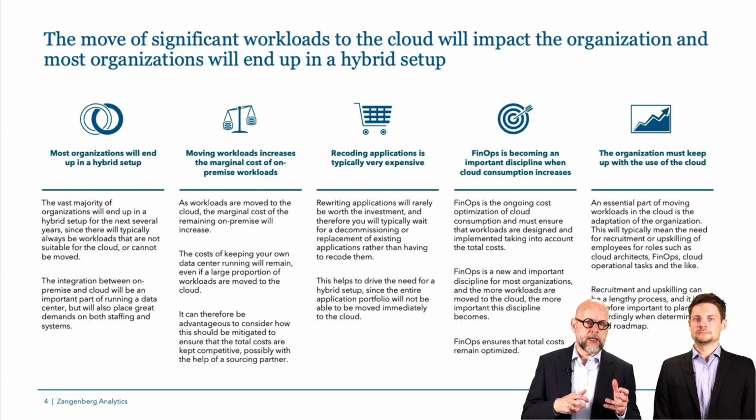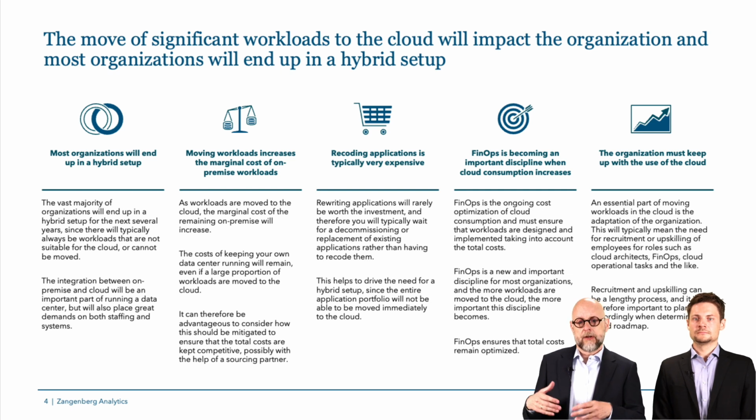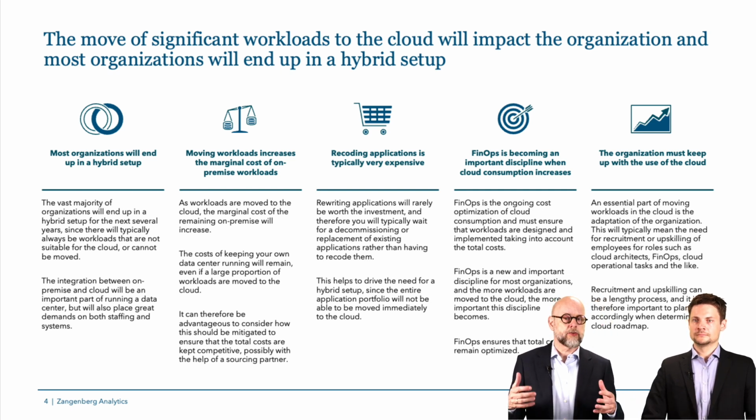The move to the cloud will mean that the marginal cost of on-prem capacity can increase, because basically you're moving capacity out of your own data center to the cloud, but you still have a lot of the basic cost in your data center. So you run the risk of actually increasing the total cost.